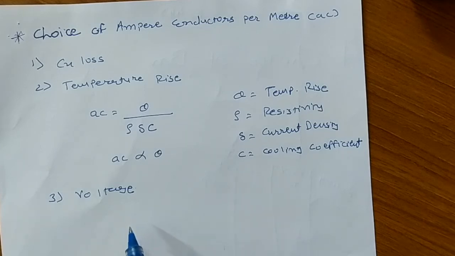The insulation requirement will be there, and the insulation thickness will be high because of high voltage. And if we take a high value of AC in the case of a high voltage machine, then because of the high value of AC, the conductor diameter may be high because you have to support a higher value of current.